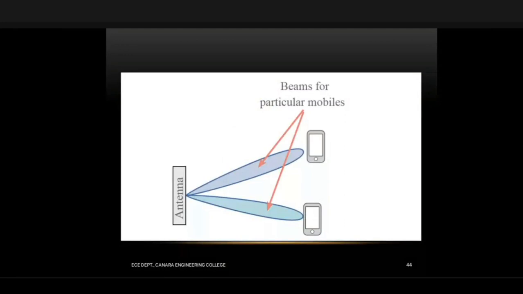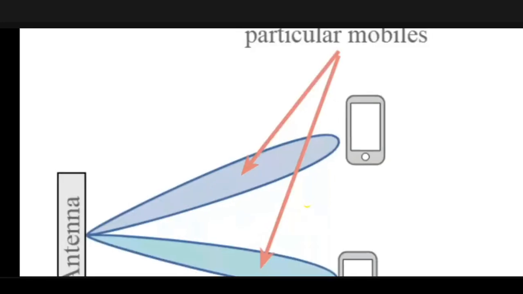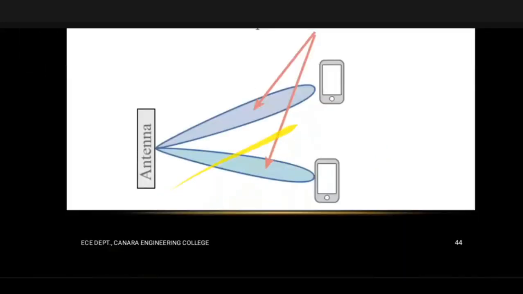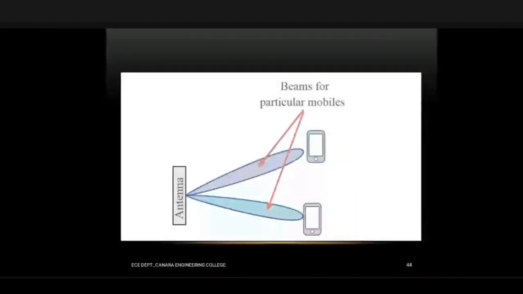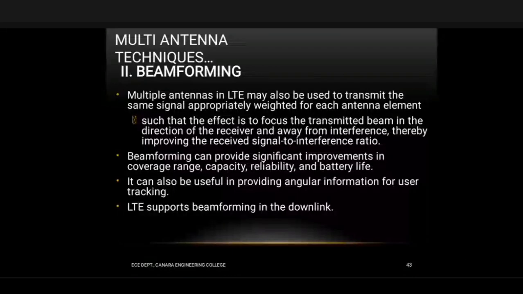So we can use the same frequency to connect to different users, because we are transmitting signals in different paths, different beams like this. This phone gets the signal from this beam, and this one from the bottom beam. So this is the idea with beamforming.